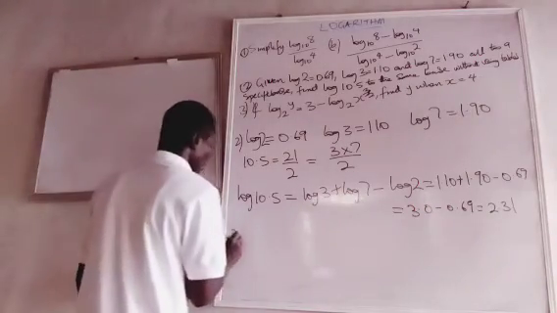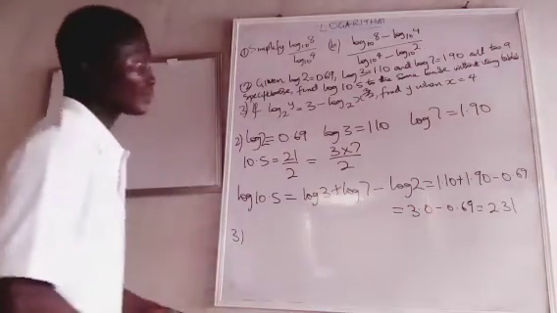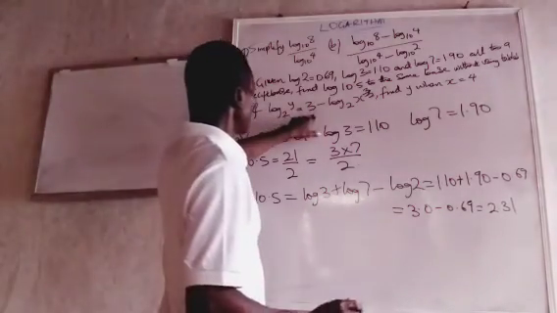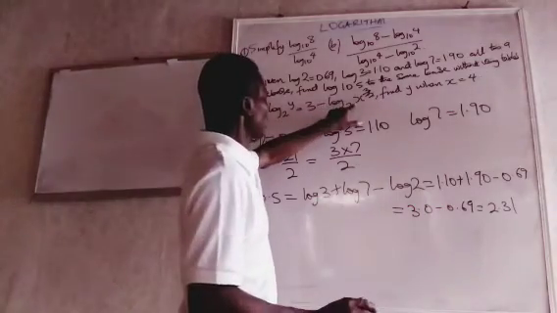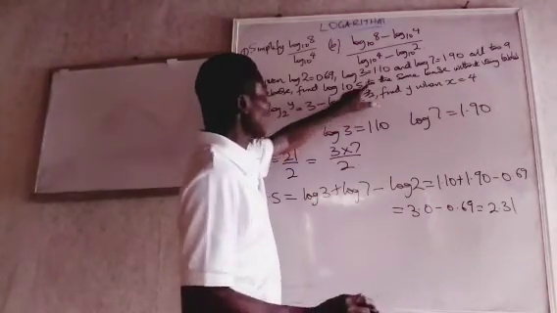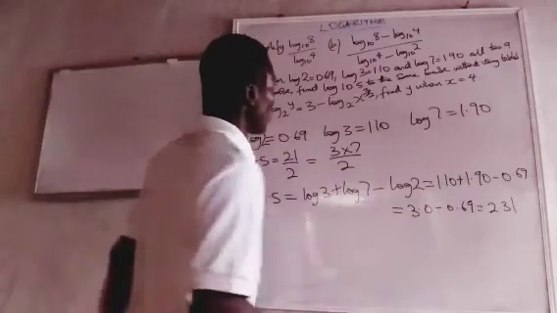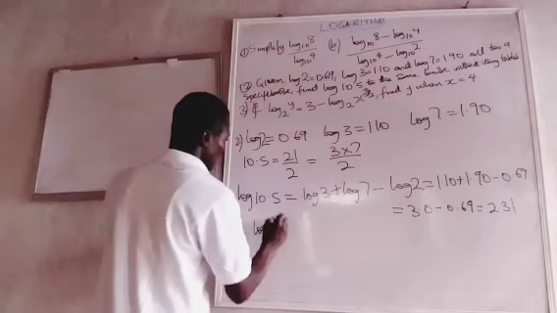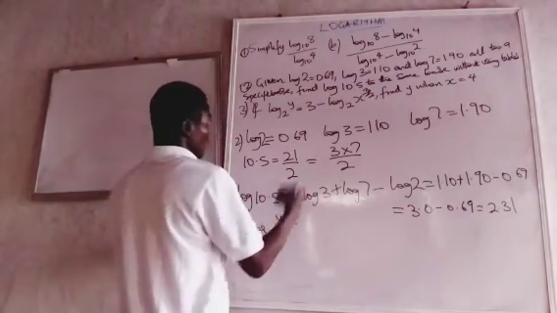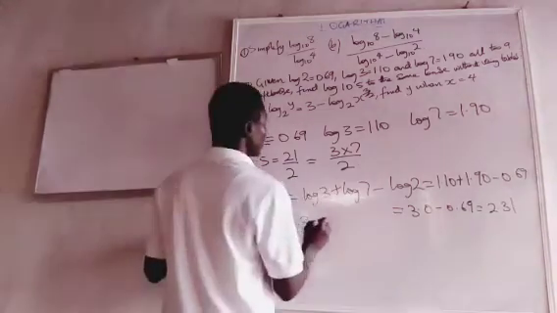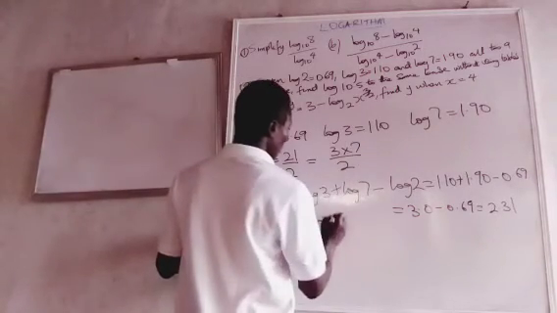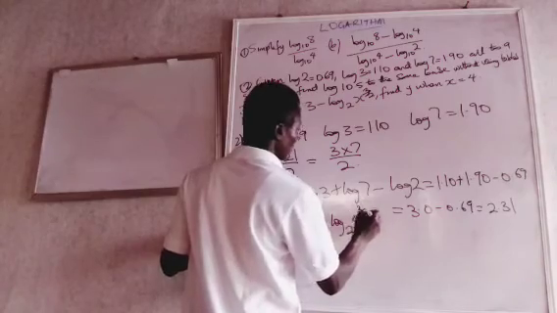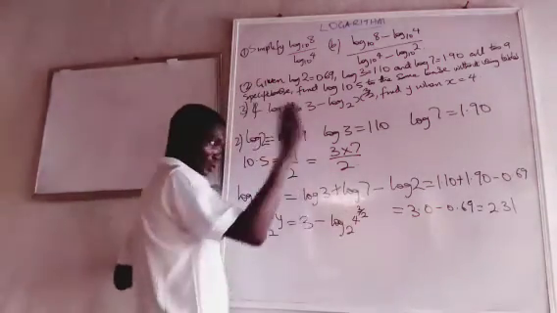The third one is, if log y to base 2 is equal to 3 minus log x to the base 2, and log x raised to the power 3 to the base 2, find y when x equals 4. So I can quickly write: log y to base 2 is equal to 3 minus log 2 of 4 raised to the power 3 over 2. And you know that 4 is 2 raised to the power 2.